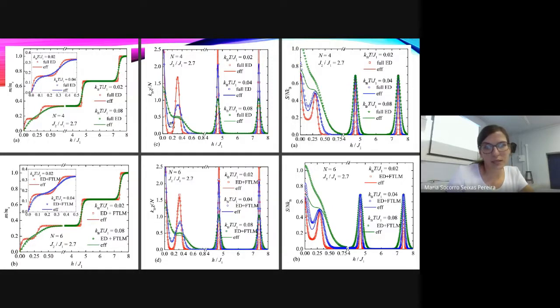It can also be seen that susceptibility is in perfect agreement for 4 unit cells. Maybe for 6 unit cells there is a small discrepancy in this parameter region, and the entropy, which is more sensitive to thermal fluctuation, has some discrepancies at higher temperatures, but still at very low temperature it fits perfectly.